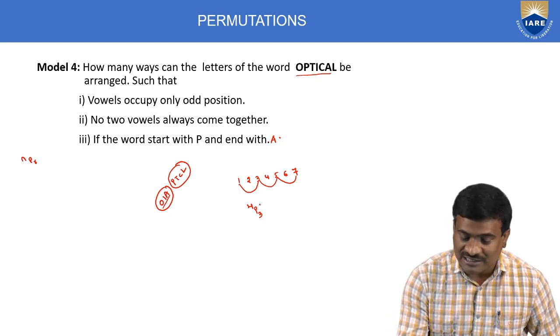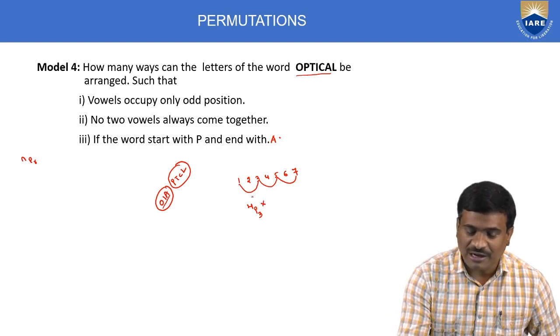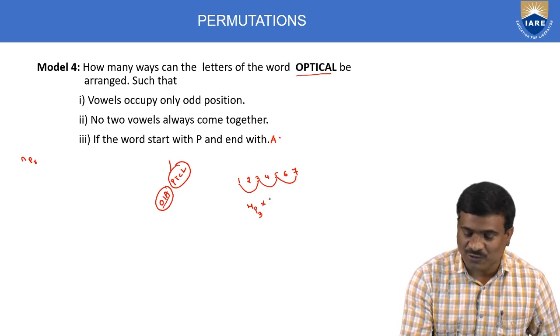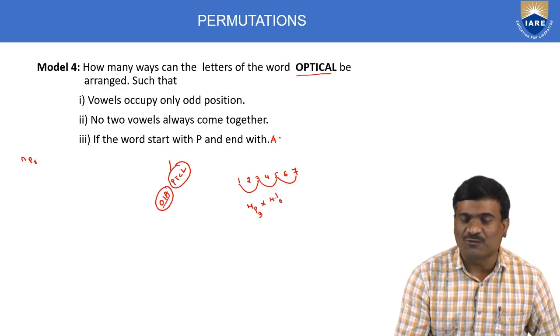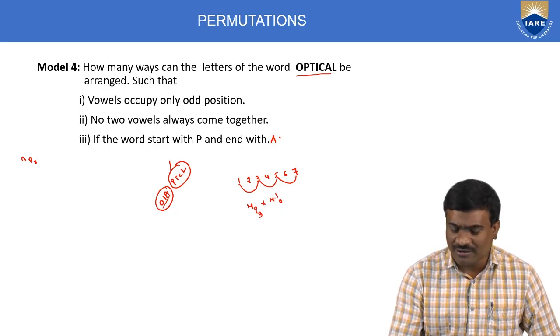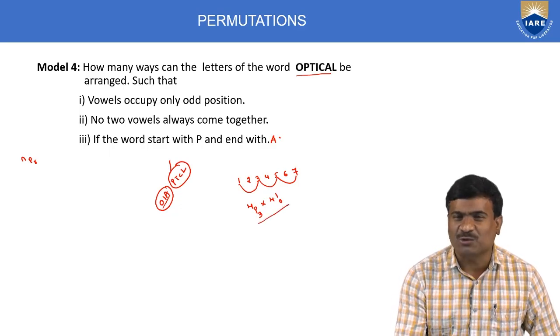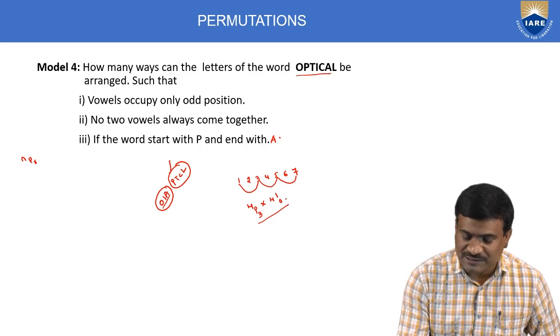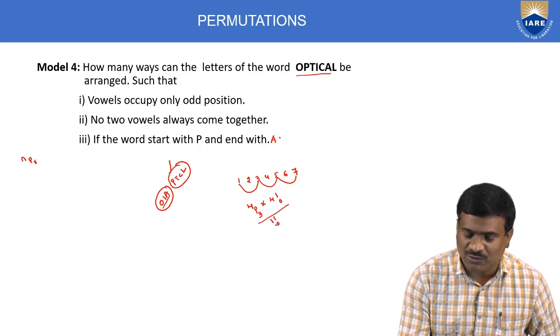The second method is blindly applicable only to the number of consonants. The number of consonants is equal to 4. 4 consonants arranged in 4 factorial ways. In the denominator you always write the repetition of letters in OPTICAL. There is no repeated letter, so it is 1 factorial.